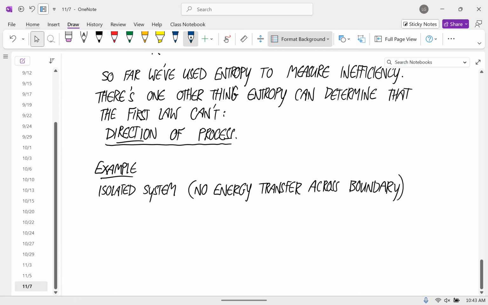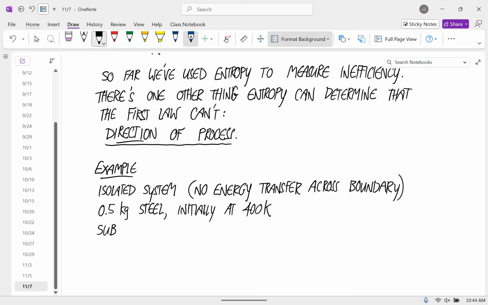And let's say that we have 0.5 kilograms of steel initially at 400 Kelvin, and it's submerged in 10 kilograms of liquid water initially at 283 Kelvin.